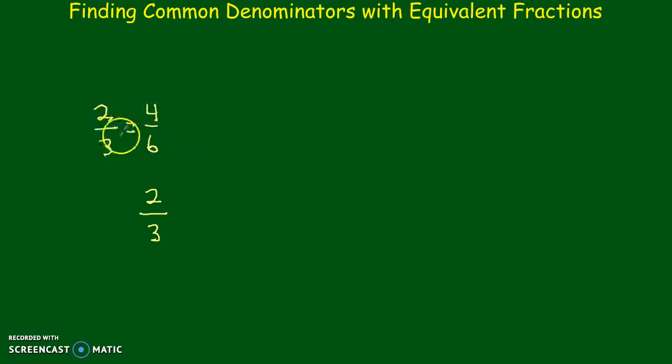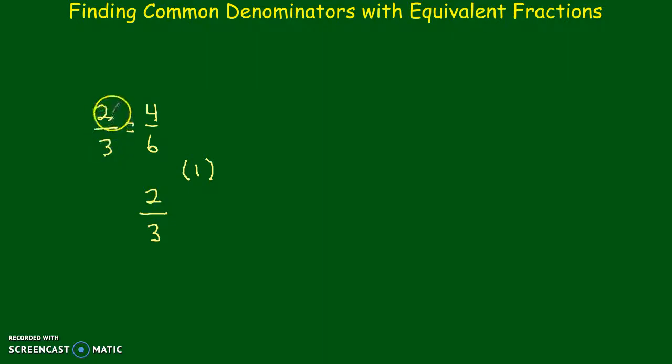Well, for finding equivalent fractions, we're always going to multiply or divide by the same number. In class, we talk about always multiplying or dividing by 1, because anytime you multiply or divide by 1, you get the same answer. But for this, we're going to do it in the form of a fraction.